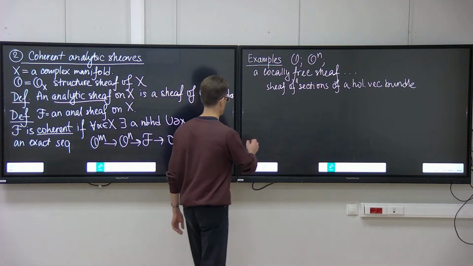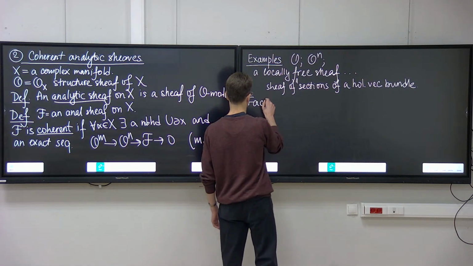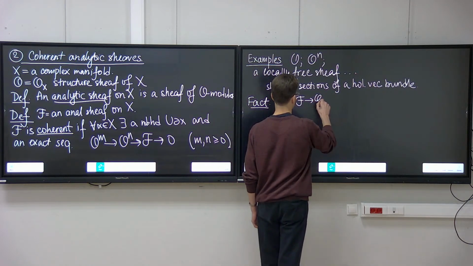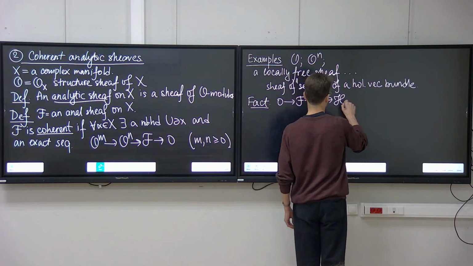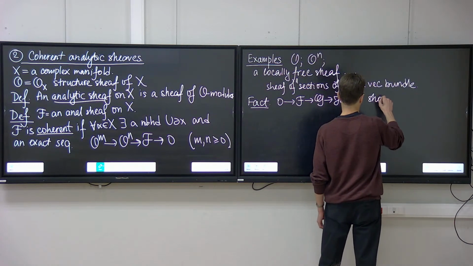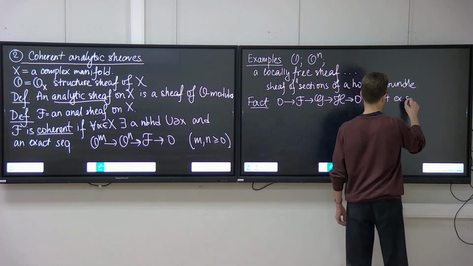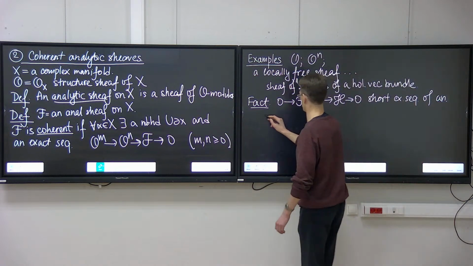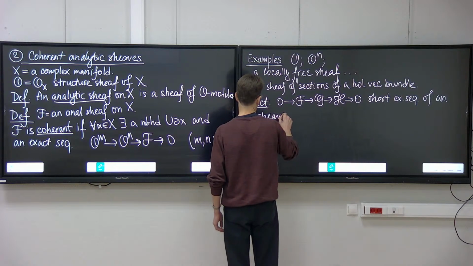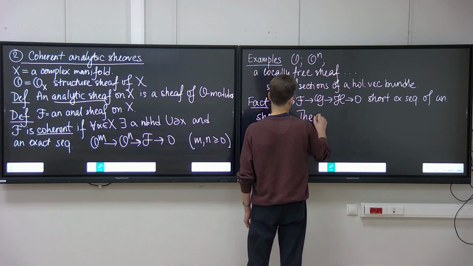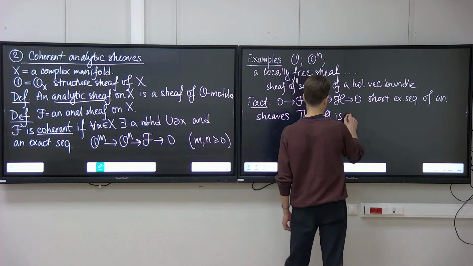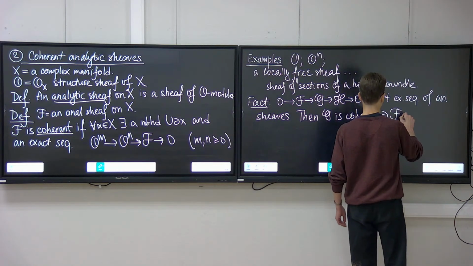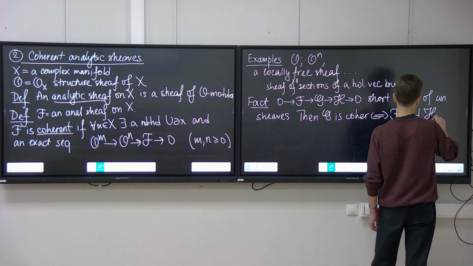For example, for the following reason, I have the following useful fact. Suppose you have a short exact sequence of analytic sheaves F, G and H. Then G is coherent if and only if F and H are both coherent.